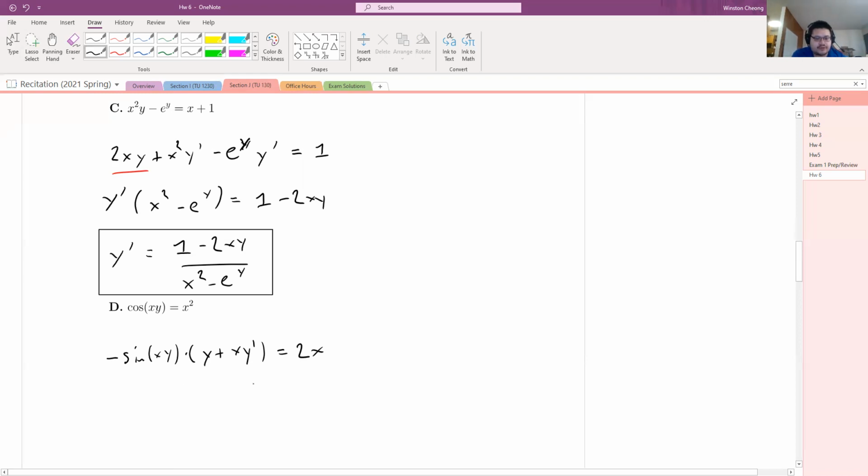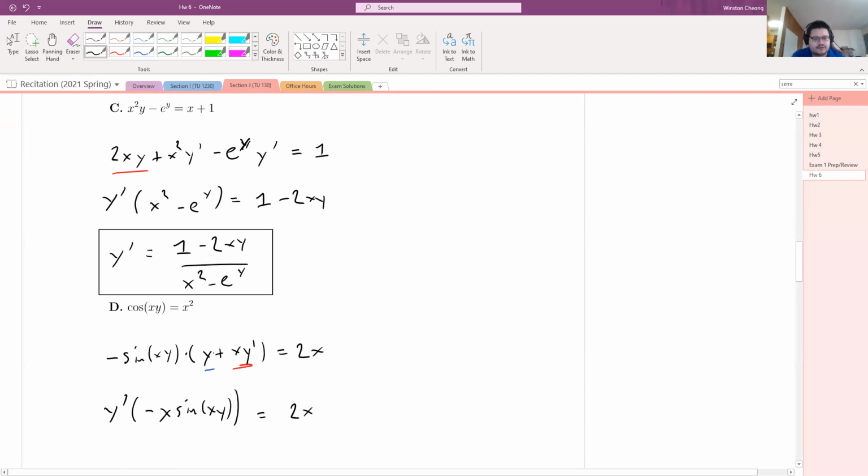And now we need to solve for y prime. So, notice that we're going to need to distribute the minus sine xy to both of these terms. This one will stay, the other guy will move. And so we're going to have y prime times a negative, I can put the x in front actually, that's the more normal way you do that. So minus x sine xy is equal to 2x.